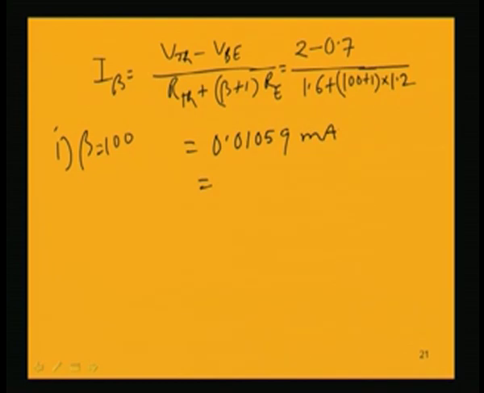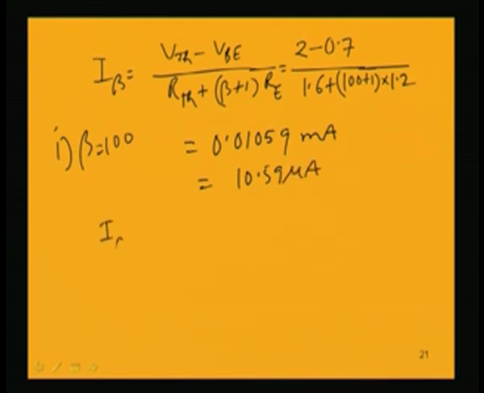If we multiply by 10 to the power 3, it will be 10.59 microampere. So, this 10.59 microampere current is flowing in the base.